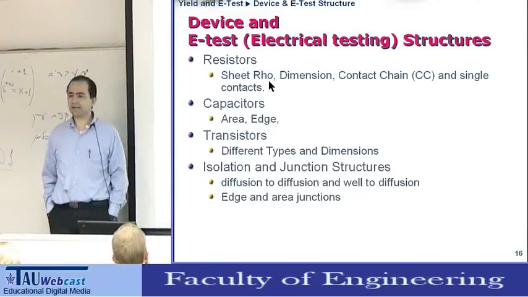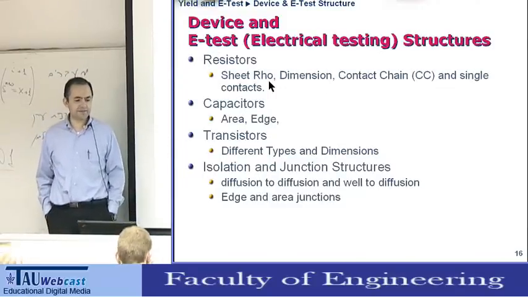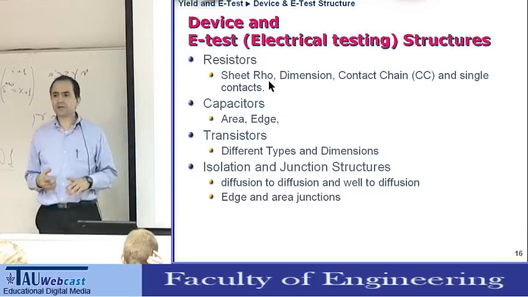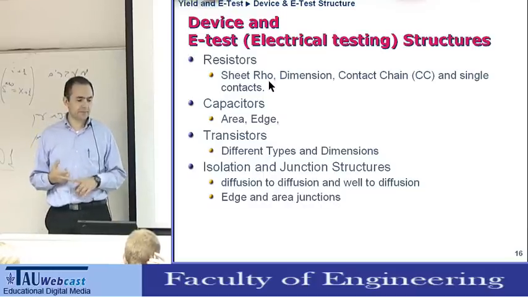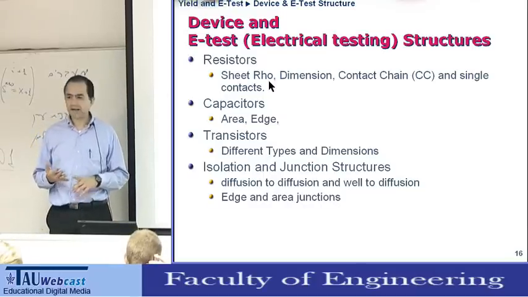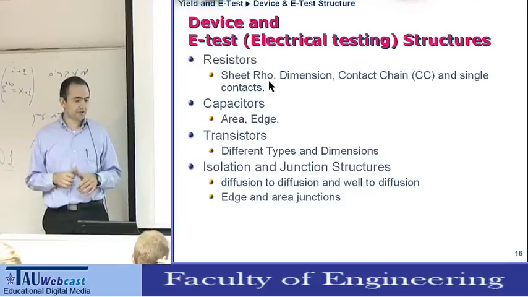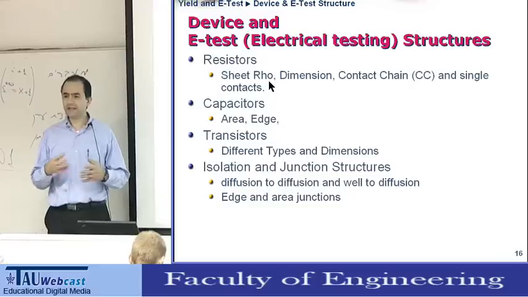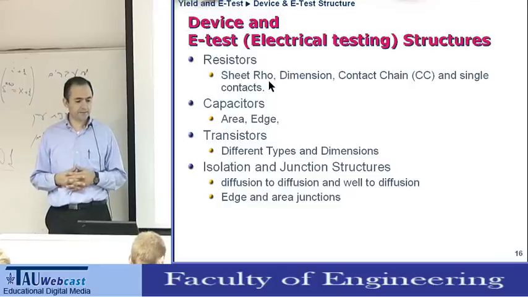Now, the next sub-chapter is device and electronic testing, e-test. So we'll talk about the testing structures. We're checking resistors, capacitors, transistors, isolations, junctions, and many combinations of them.